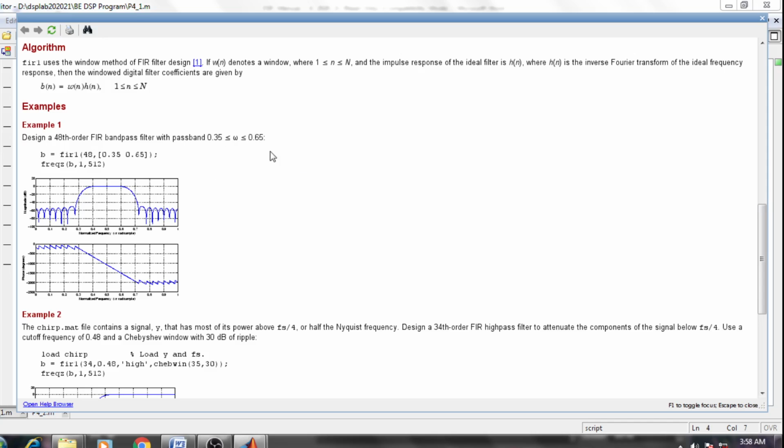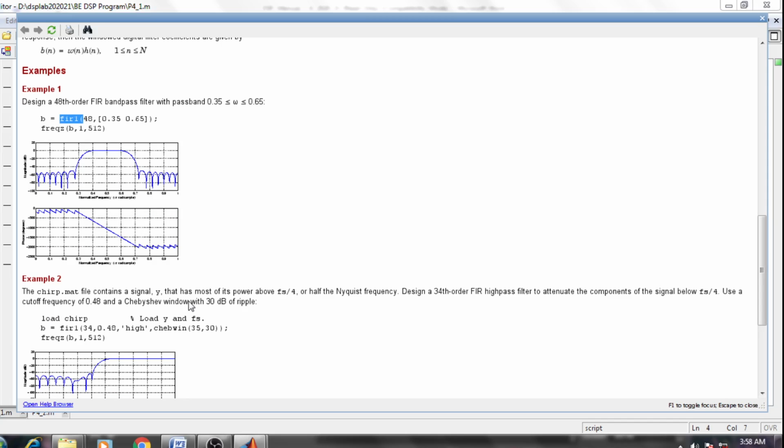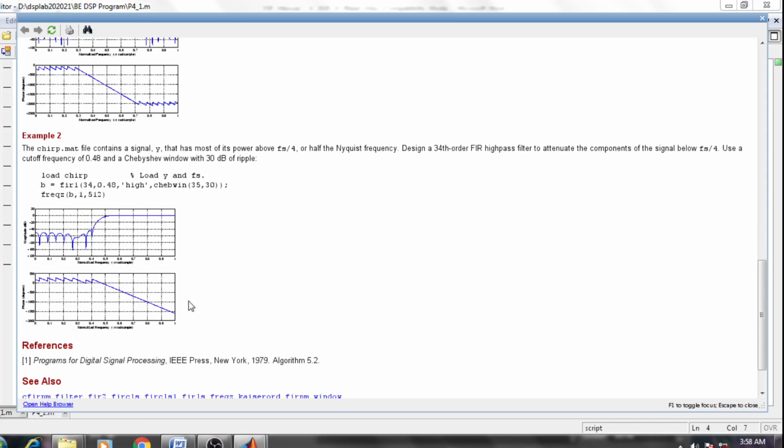Within that limit you can decide the design of the filter. So the FIR1 function you define with the order of the filter n and the range of the filter, that is the pass band. How much pass band will be required, you will see here, and you will get the output. This way you can use these functions.